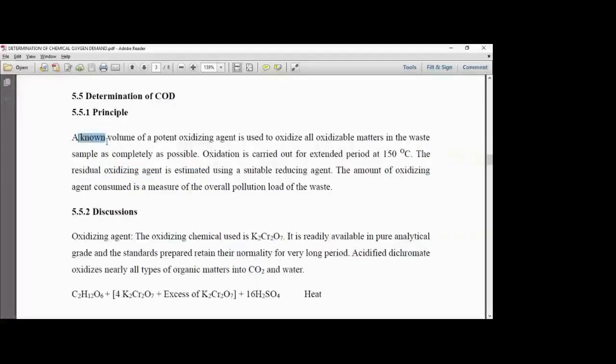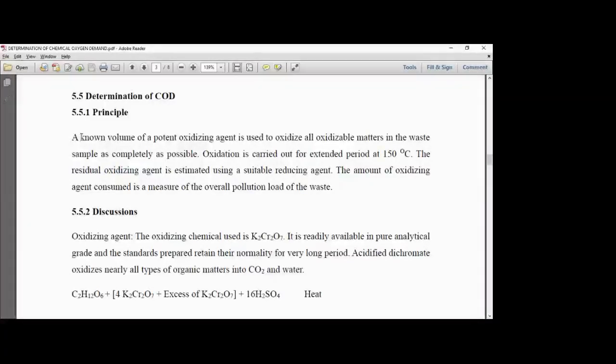Here we have added 10 ml. Now we are going to measure how much of this 10 ml of oxidizing agent, that is K2Cr2O7, is used, and the remaining oxidizing agent is called the residual oxidizing agent.